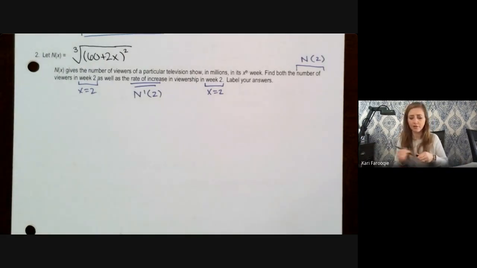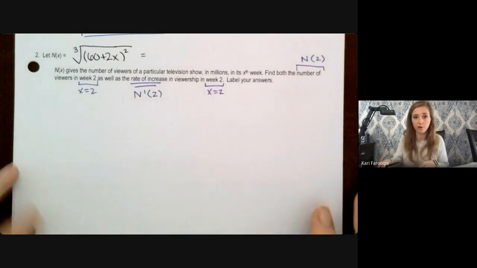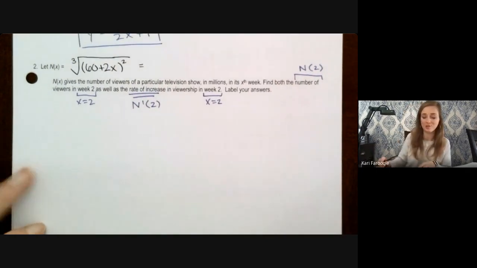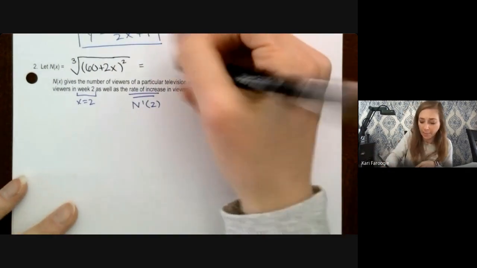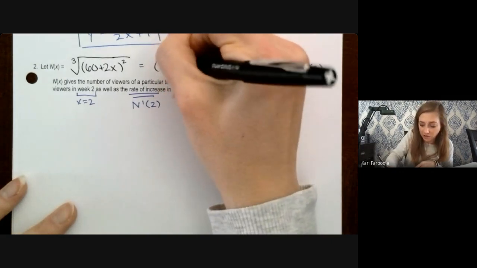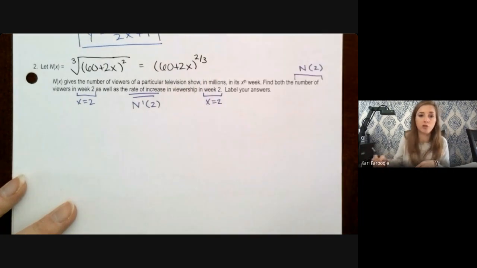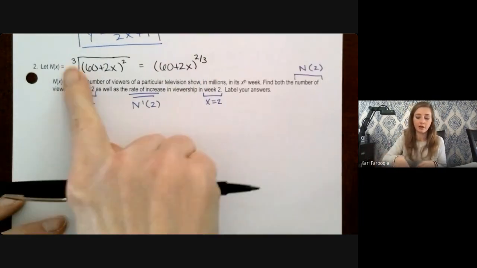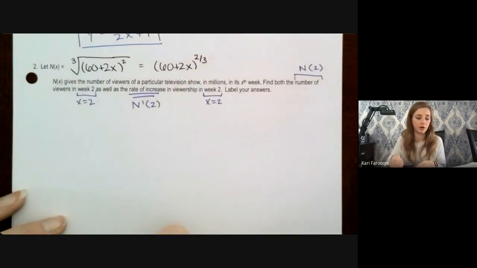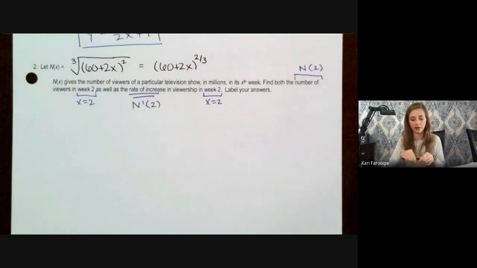Okay, now, so I know I need to look at a couple of different things with n at week 2. If I know I'm going to be taking its derivative, we might want to rewrite this. I'm going to remind you of the algebra rule that we use to rewrite this function. We're going to be taking this as 60 plus 2x to the 2/3 power. So remember that index is the denominator of the radical, and then the exponent inside your radical is going to be the numerator.